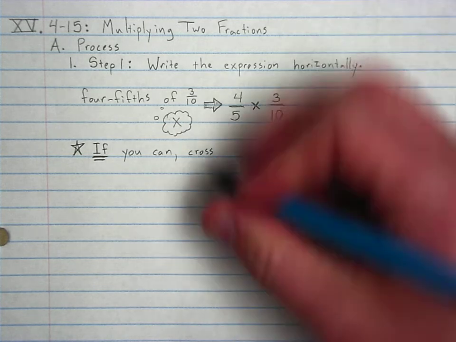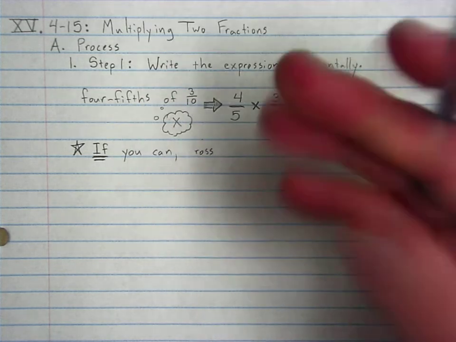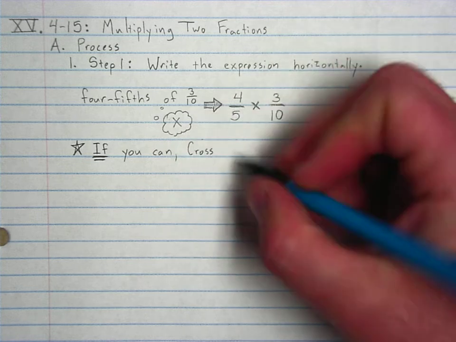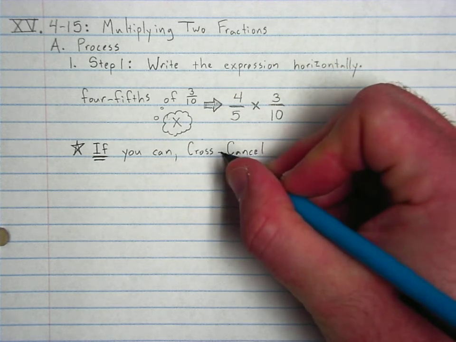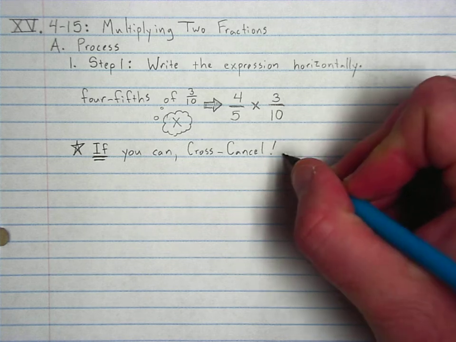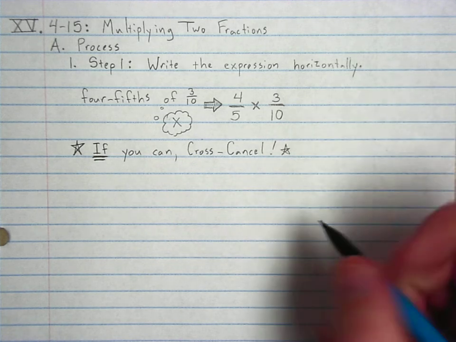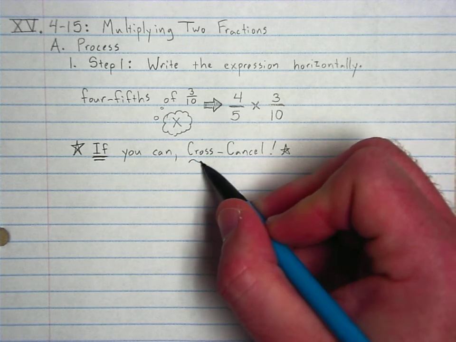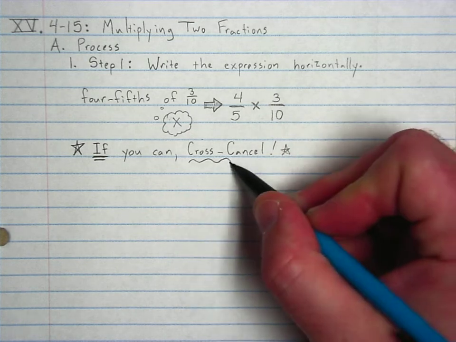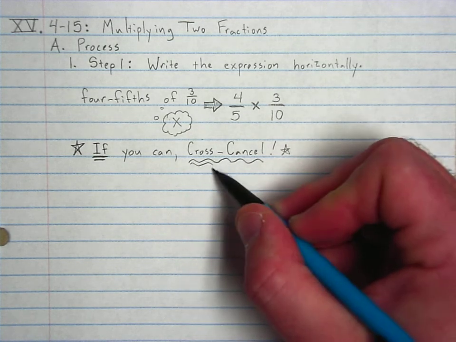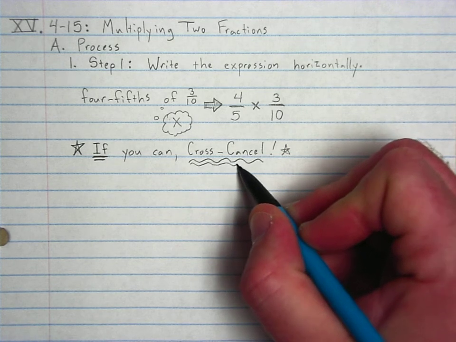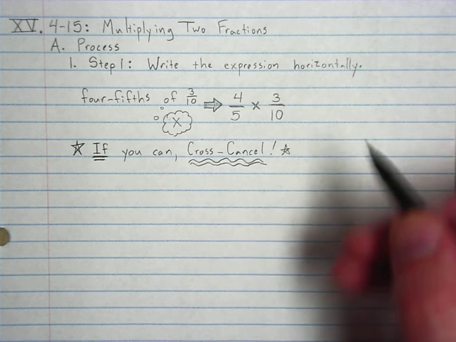I'm going to capitalize that. Let's make it nice and fancy. This is going to be mostly for the folks who liked to do their division first when we were multiplying a fraction times a whole number, because this is essentially that process just for two fractions.